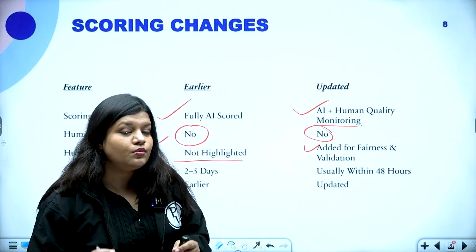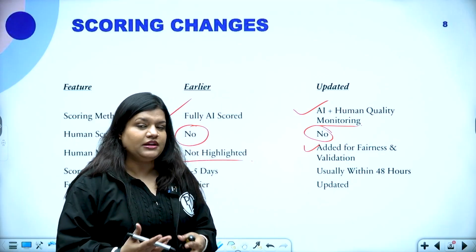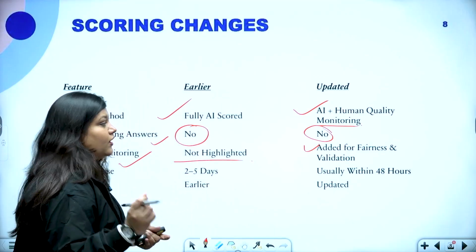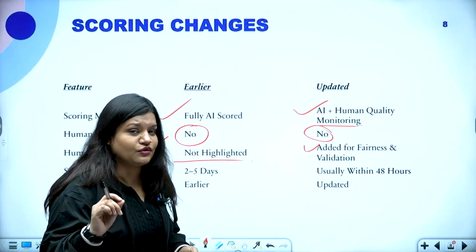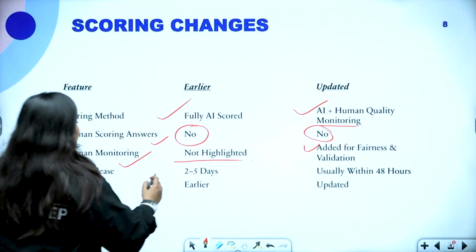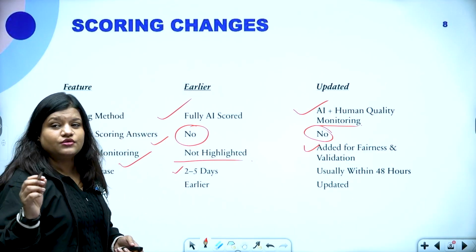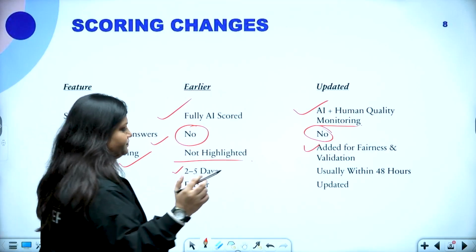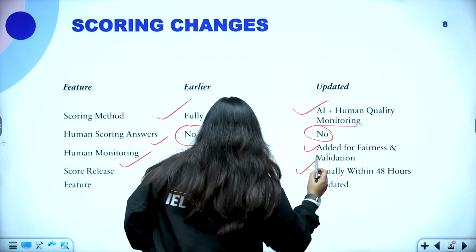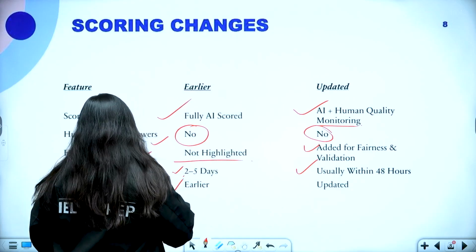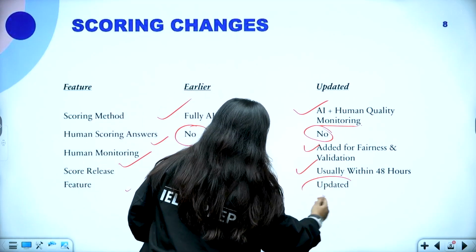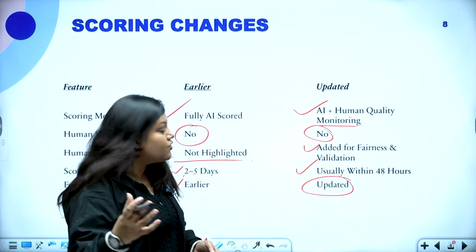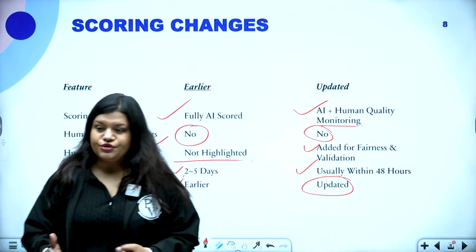This is why human intervention has taken place, not to mark each and every question of yours. Okay, so here we have score release. Earlier the score used to release in 2 to 5 days, but now the score will release within 48 hours. And the earlier feature was very old, and now we've got the updated version of it.